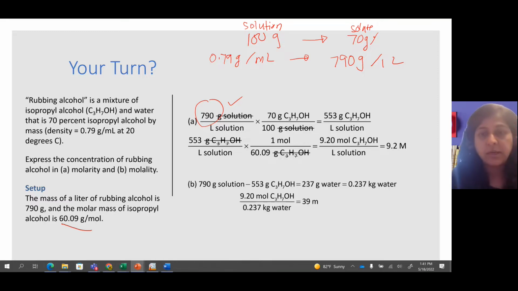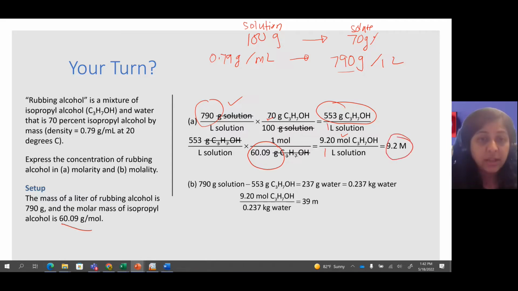We have the mass of the solution is 790, but all of it is not isopropyl alcohol, only 70%. That's why it was multiplied by 70 and divided by 100. This is the mass of the rubbing alcohol in 1 liter of the solution. Then we divide that by the molar mass to find the moles. Since it was 1 liter, this is the molarity.